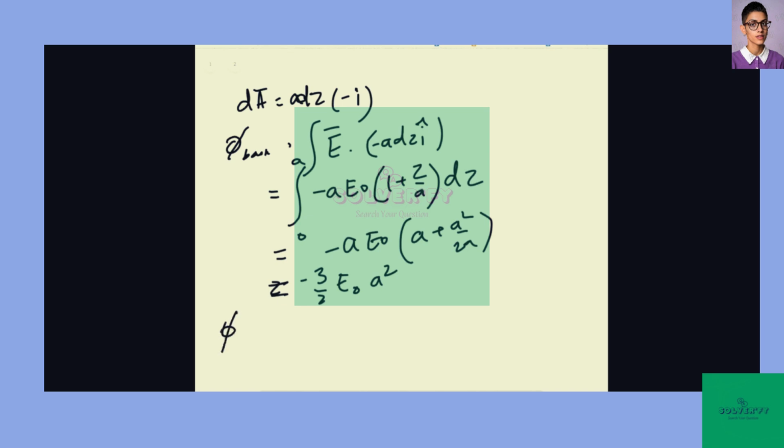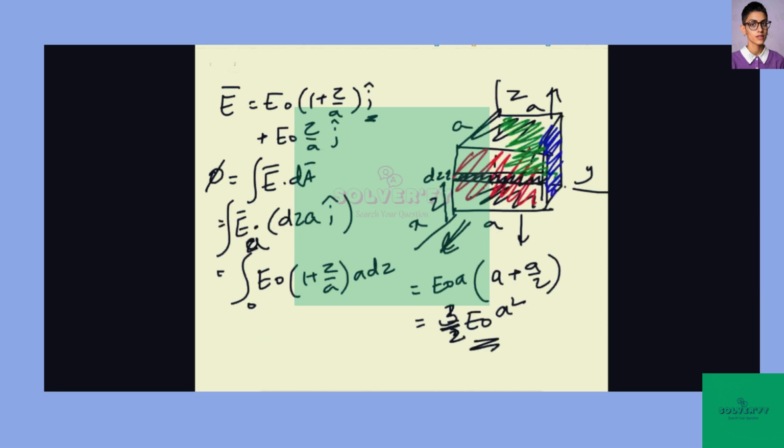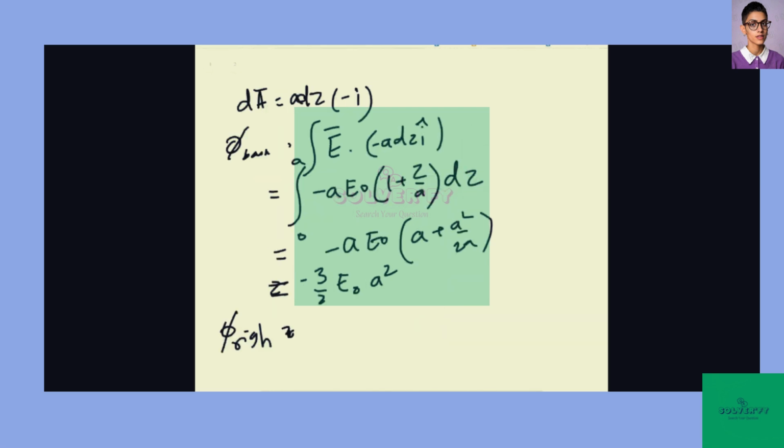Now, let's find the flux through the right surface. Here, we use the same method to find a strip and find its area. But notice that its area vector will be in the y direction, meaning dA is equal to a dz j cap.